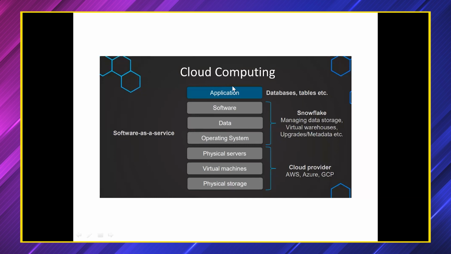All these layers are responsible to be managed on-premise. You have to take care of the physical storage, the virtual machines, the physical server, the operating system, how the data is going to be stored, and the software updates and upgrades as well. So all these layers have to be managed by the client himself.